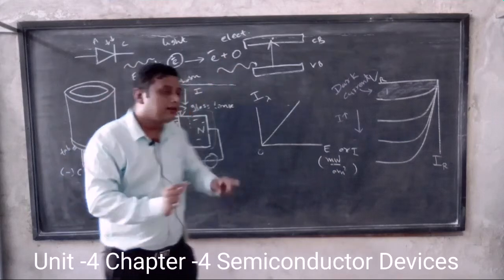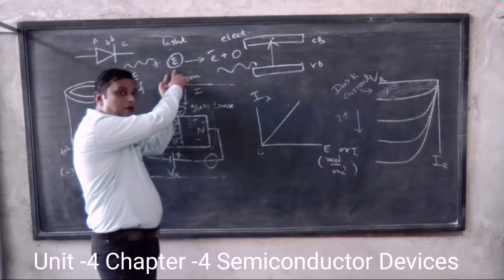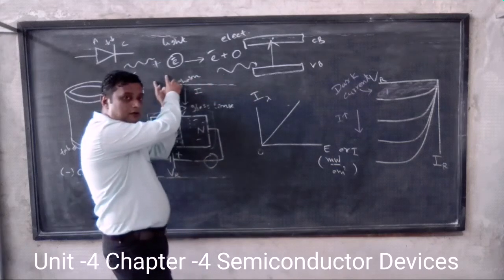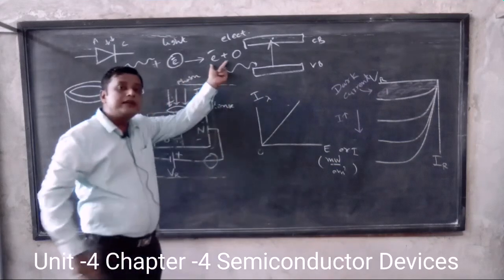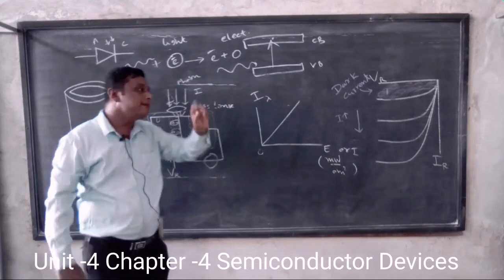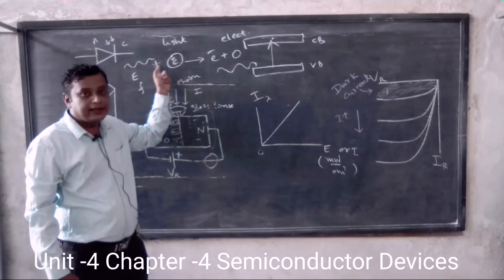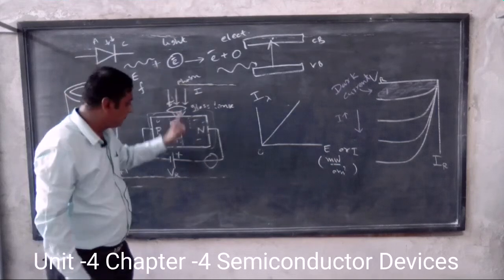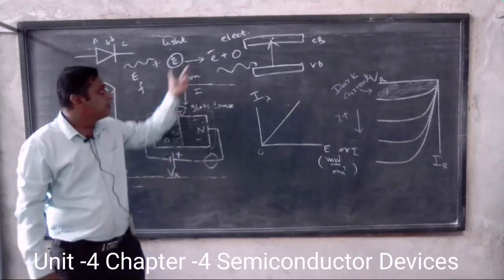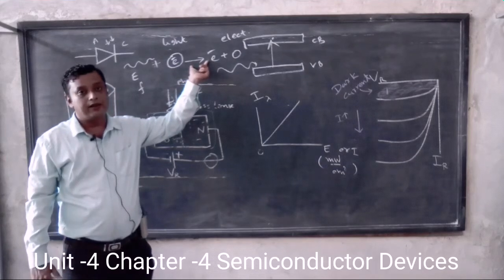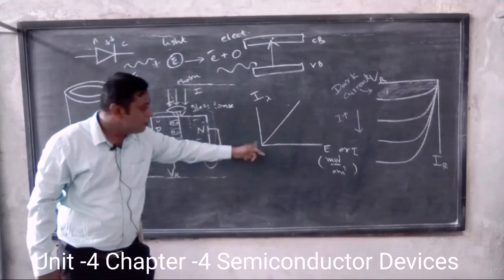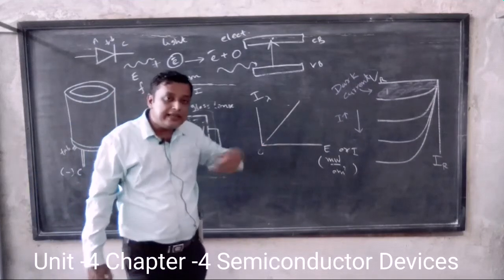This conversion, bound electron to free electron, valence electron to conduction electron, will be possible when I apply light energy. If I am not applying light energy, this conversion is not possible. So in the absence of light, no current is generated theoretically.